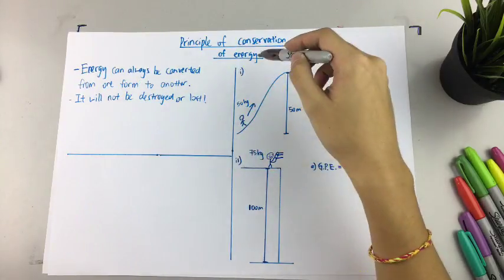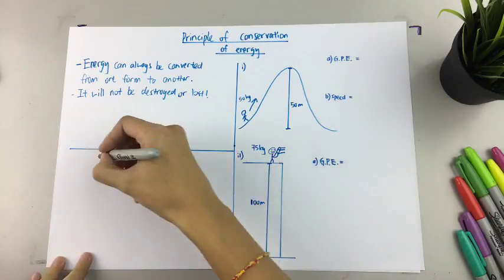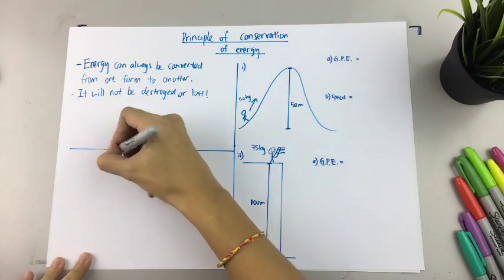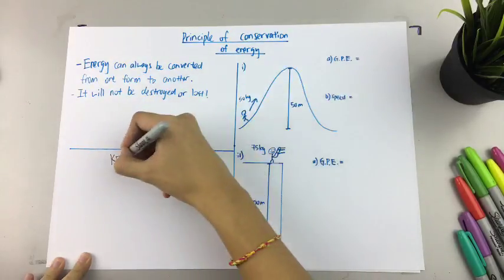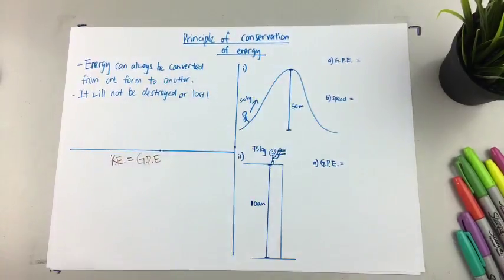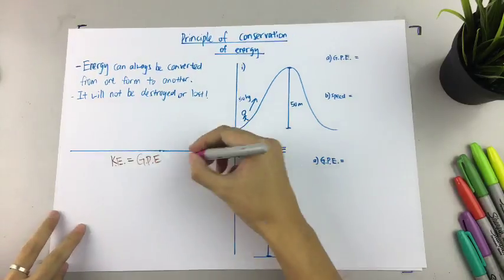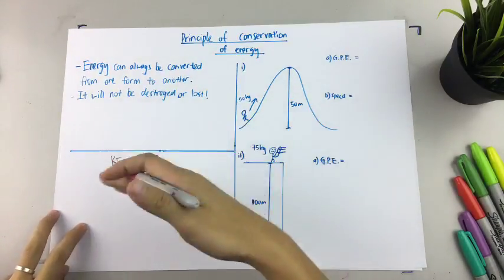So what is this about? One way to remember is that you can always use, for example, kinetic energy equals gravitational potential energy. They are equal because the total amount will be the same.